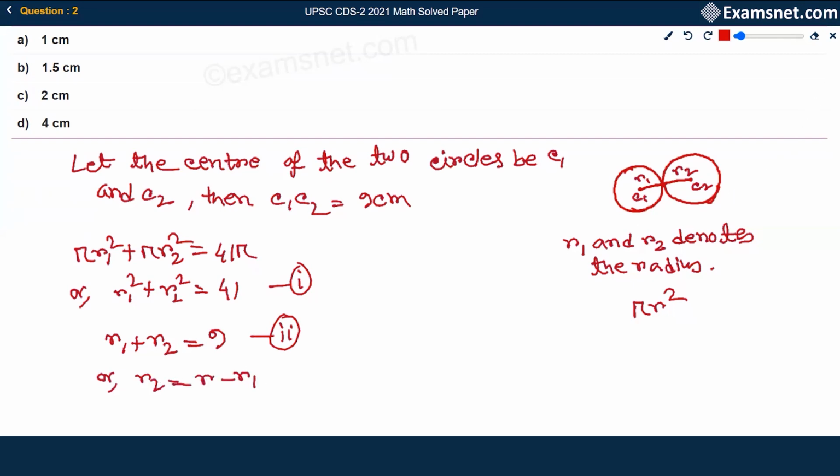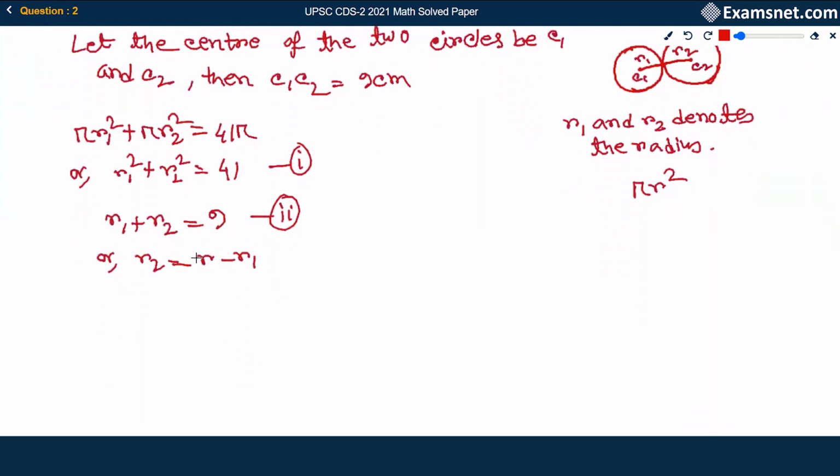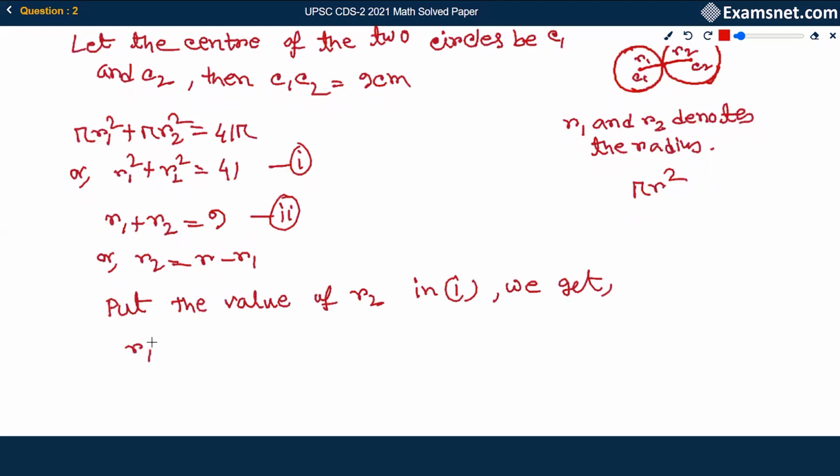Now let's put the value of R2 in equation number 1. We get R1 square plus 9 minus R1 whole square equals 41.